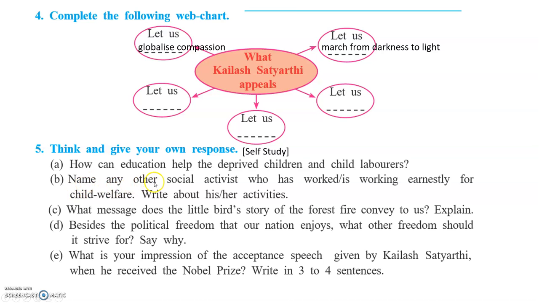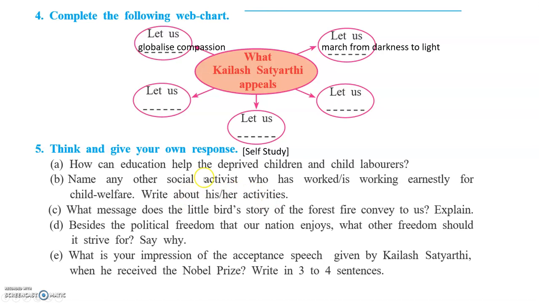Then you have, name any other social activist who has worked in the past, or is working earnestly for child welfare. Now this is concerning child welfare. Okay, remember this. You may have many social activists, but we're talking about child welfare, mainly those working for the children. So, write about his or her activity. It may be a male or female.